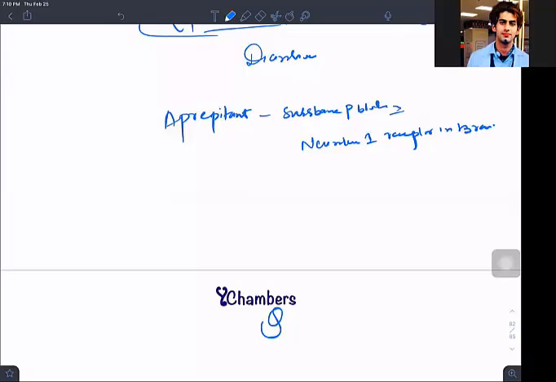So where are we using this aprepitant? We are using it as an antiemetic. If we are giving chemotherapy to a patient, for example of a carcinoma, there happens a phenomenon that is chemotherapy induced nausea and vomiting. So to prevent that, we are giving aprepitant.